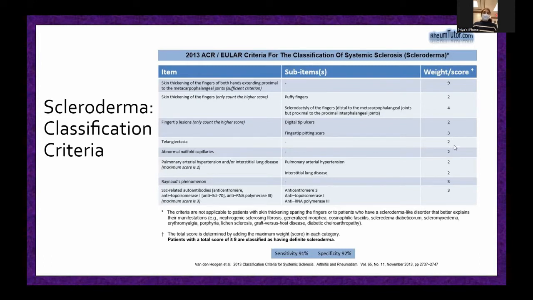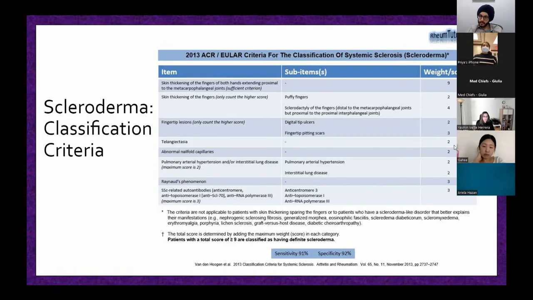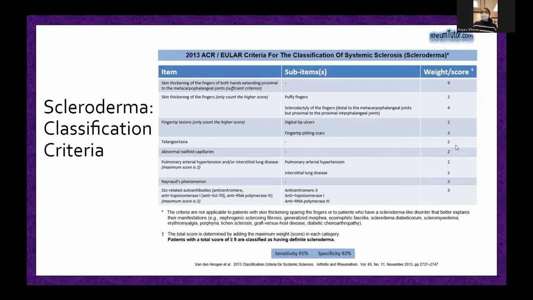Telangiectasias give you 2 points, most commonly located on the nasal skin area. Abnormal nail-fold capillaries, which I'll talk about, give you 2 points. Pulmonary arterial hypertension or ILD also give you 2 points each. Raynaud's gives you 3 points. And the presence of one of the 3 scleroderma antibodies, the classic antibodies, gives you 3 points.